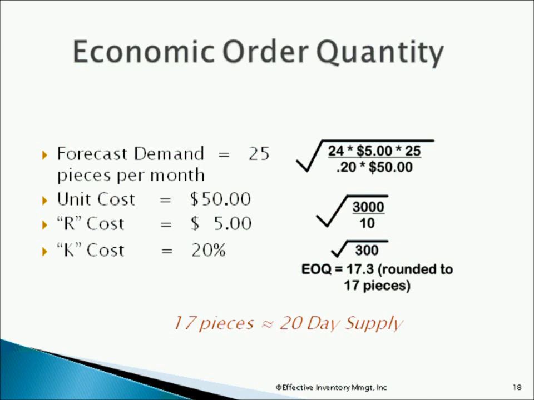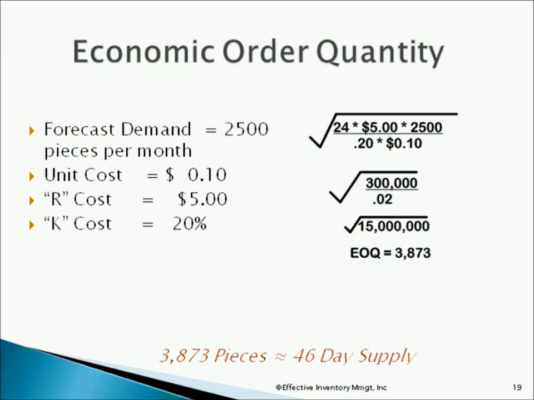Let's look at our third example now. The unit cost is not $10, not $50, but it is 10 cents. Okay? This item is very inexpensive. It costs 10 cents. But instead of 25 pieces per month, I'm going to sell 2,500 pieces per month.